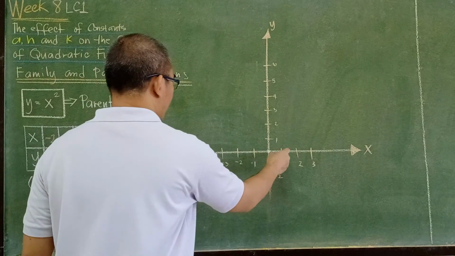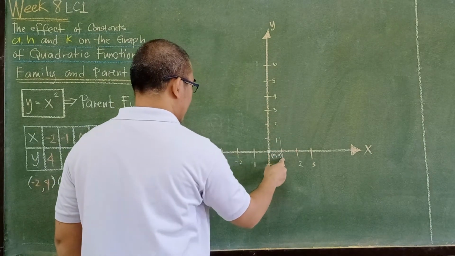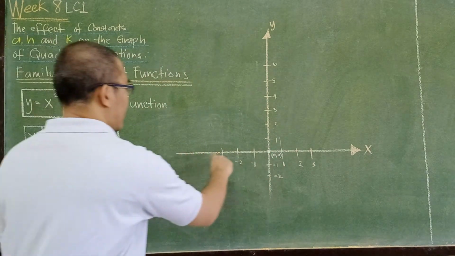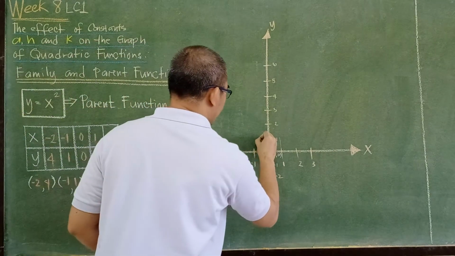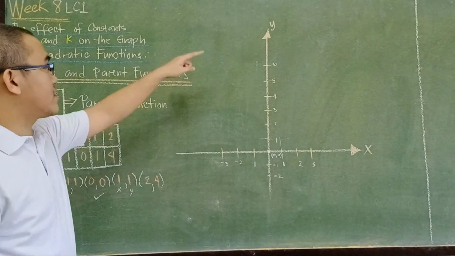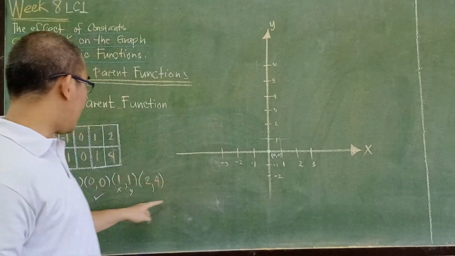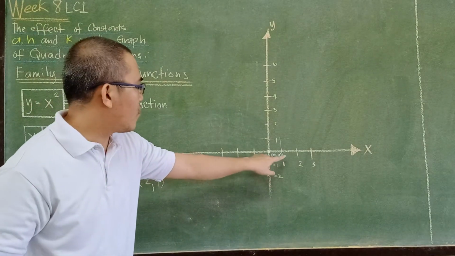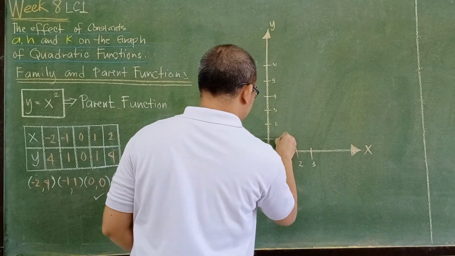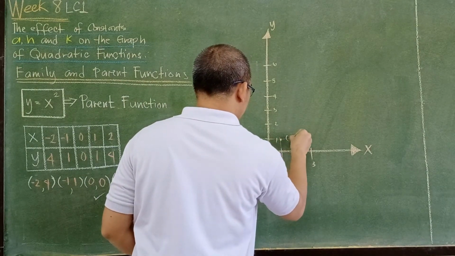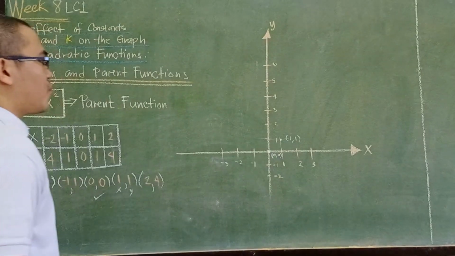So this is positive 1 sa x-axis, and then this is positive 1 sa y-axis. So yung intersection nila would be point 1, 1.